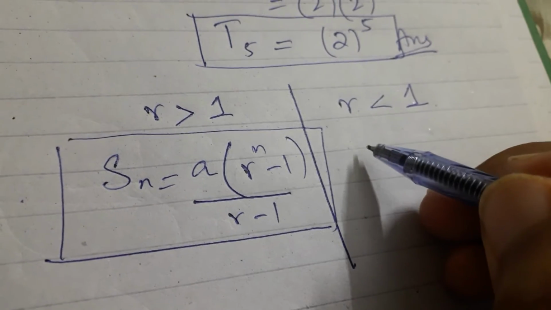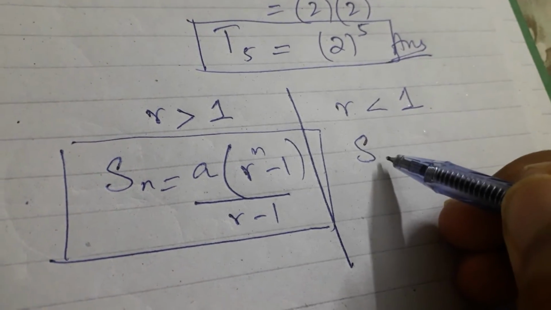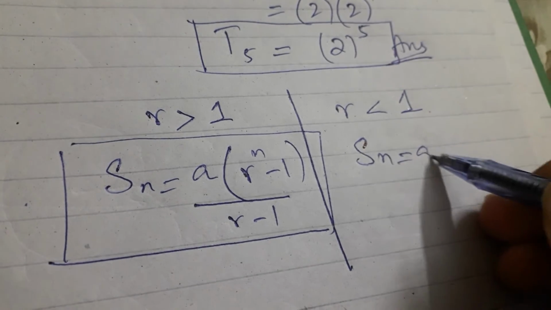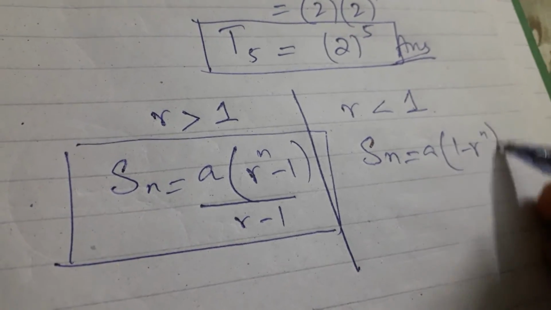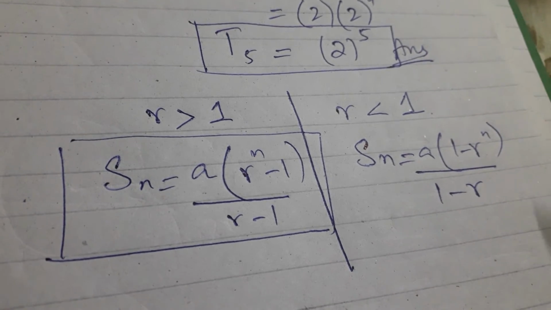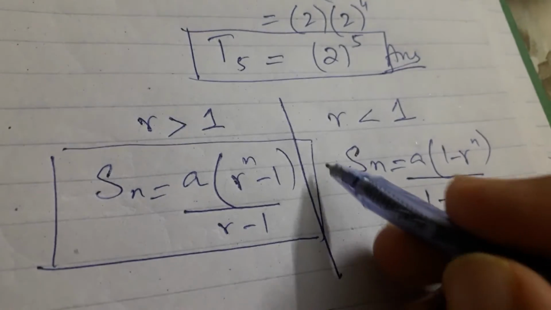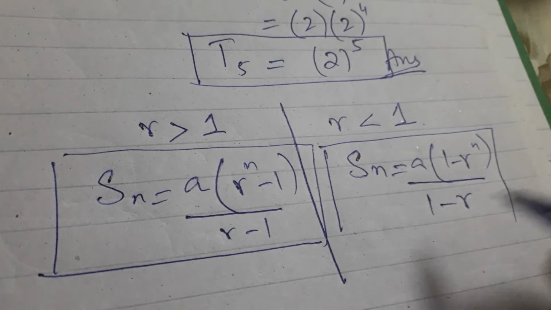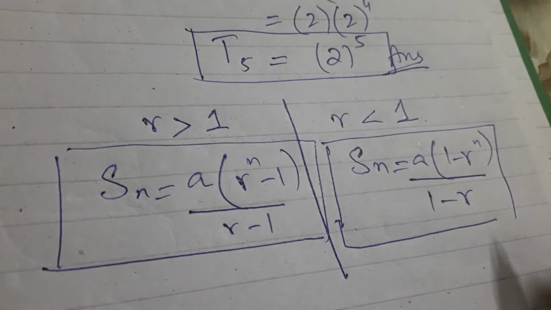If it is less than 1, then the formula is Sn equals a times 1 minus r to the power n upon 1 minus r. Let's do one question of each formula so you can easily understand.